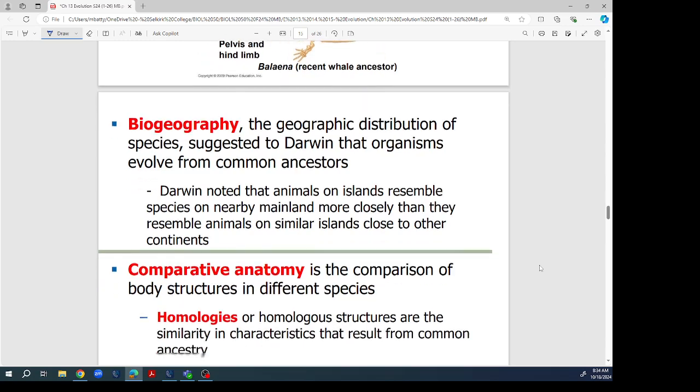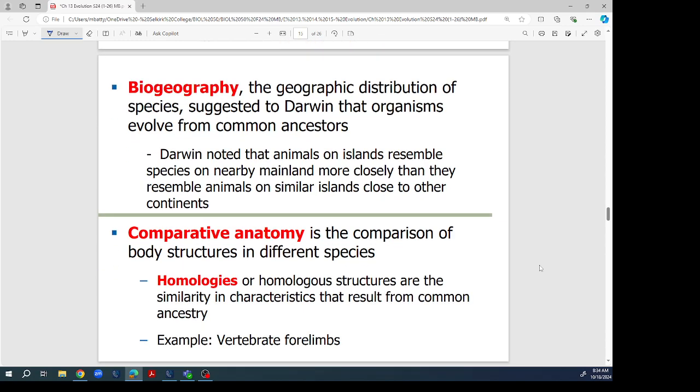The other idea that Darwin had, and this was because of his travels, is biogeography. So biogeography basically looks at the distribution of different species of animals. And he notes that animals that are on islands that are close together are going to look more alike than organisms that are on very far islands.